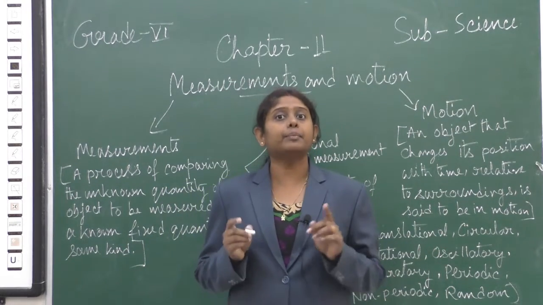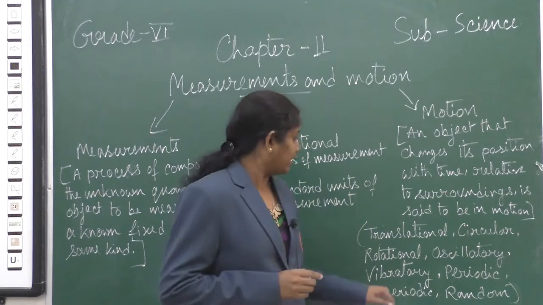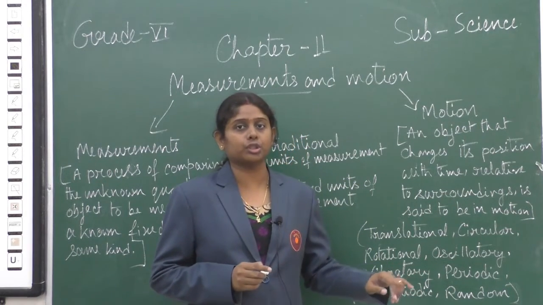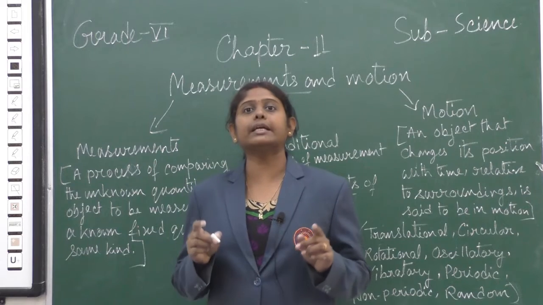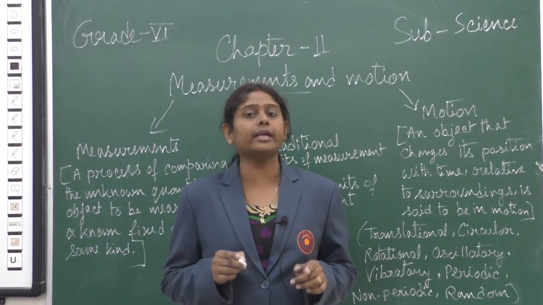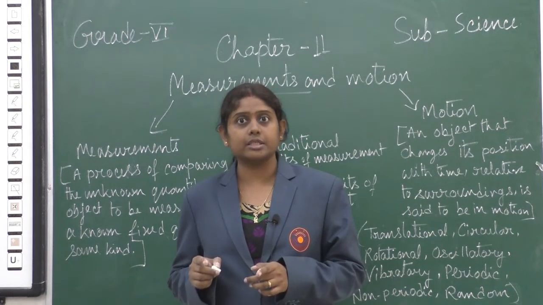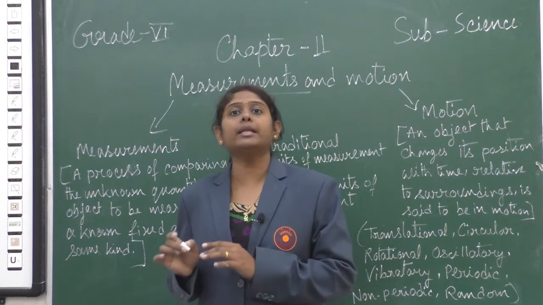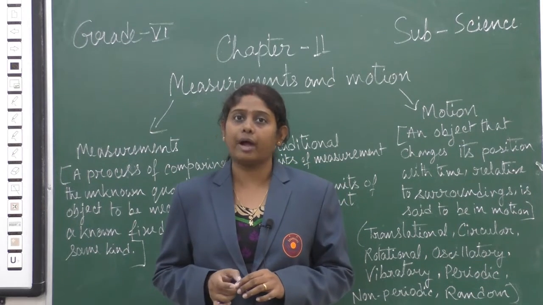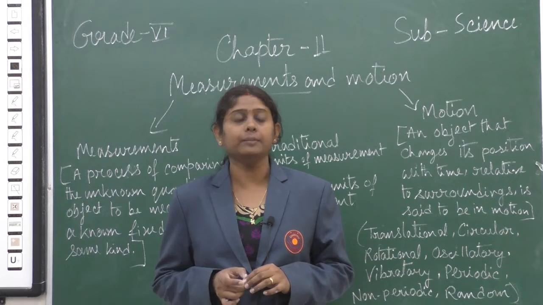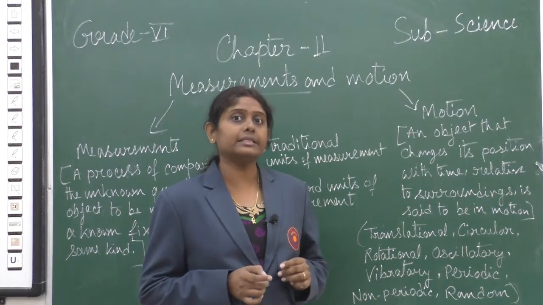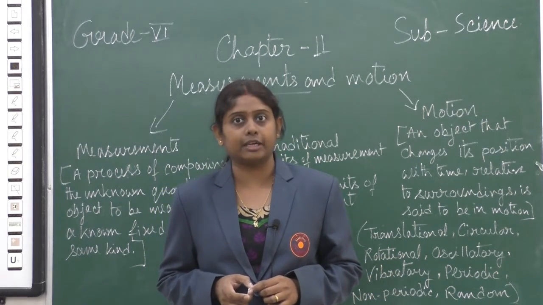Example of that, the pendulum of a clock. Next is vibratory motion. Vibratory motion means in this motion the body moves fast about a mean position, that's called vibratory motion. Example of this motion is the string of a guitar.